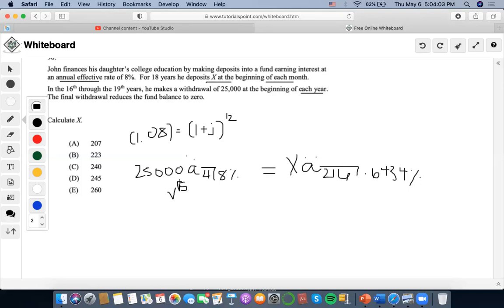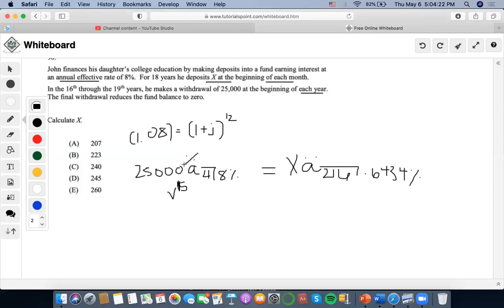Why? Because once we make these withdrawals, it's going to make this fund balance 0, which means we need to make both of these equations equal to each other.